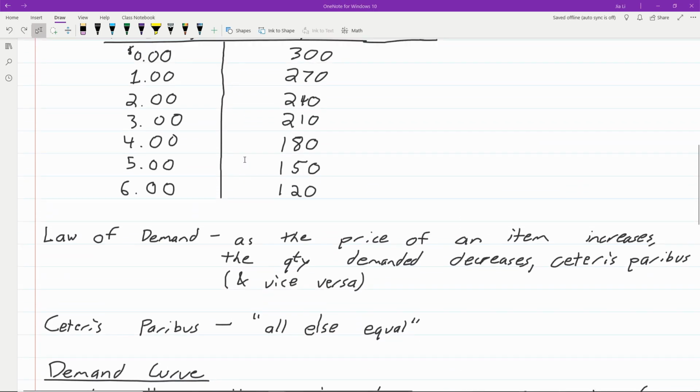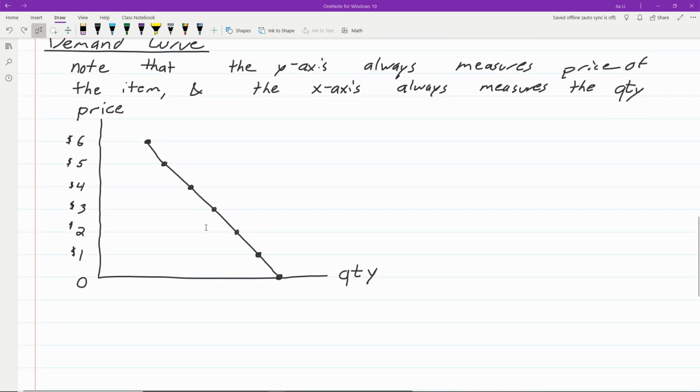It's just that the numbers I came up with and the way that I drew the line here, it just so happens that I'm assuming it to be a linear relationship. And the reason why I want to do that is just because as we get to the third part, the demand function, it'll be easier for me to show that to you mathematically if I assume it's a straight line and not a curve instead.